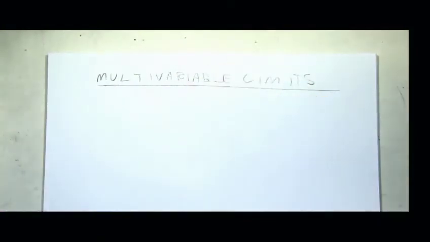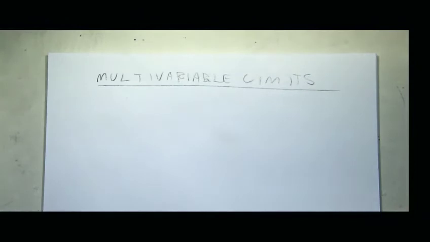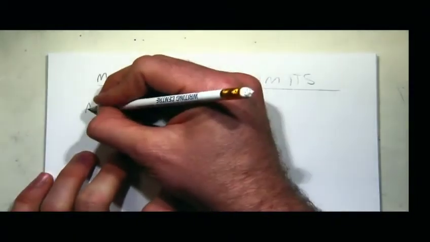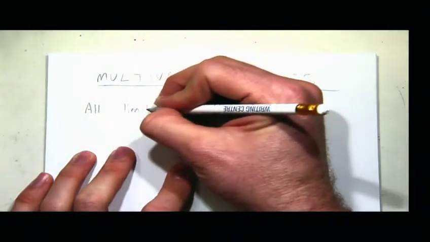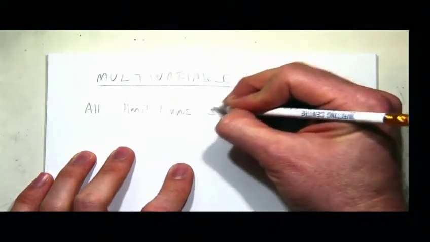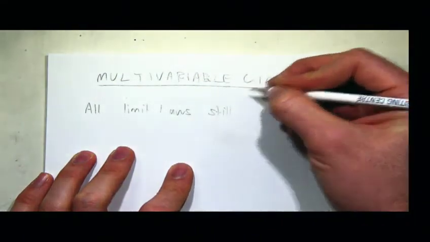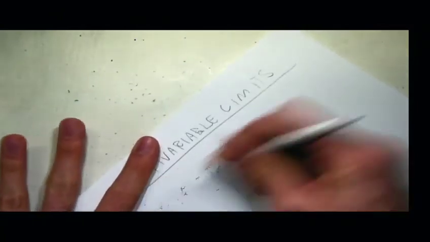Of course, they'll only ever give you two variable limits, which is nice of them. Okay, so all your limit laws still apply. I should probably put the definition, shouldn't I?